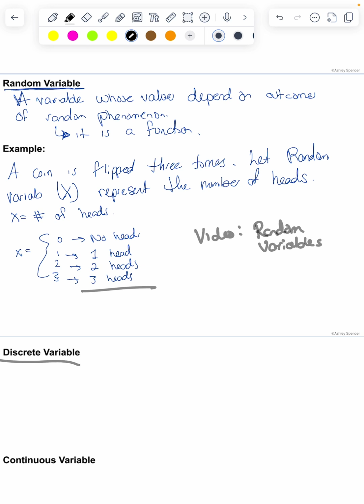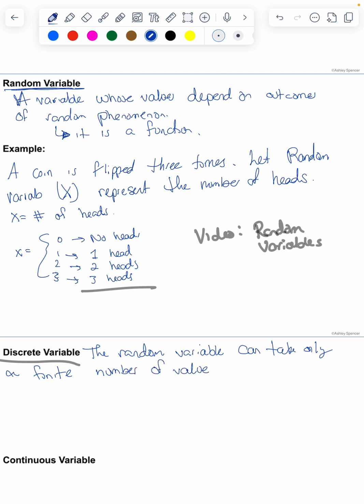Okay. All right, next up is the discrete variable. The discrete variable is just a random variable that can take on only a finite number of values that can be counted.